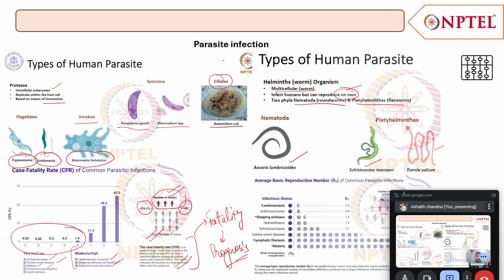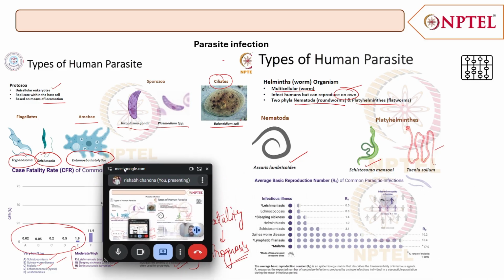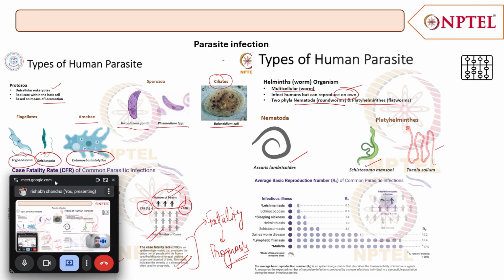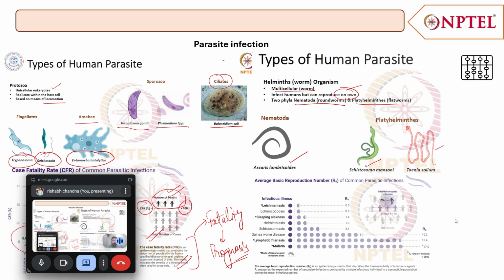Okay, so then we have the average basic reproduction number of a common parasitic infection. It is also an epidemiologic metric that describes the transmissibility of infectious agents. So how it gets transmitted. R naught basically measures the expected number of secondary infections produced by a single infectious individual in a susceptible population during a mean infection period.